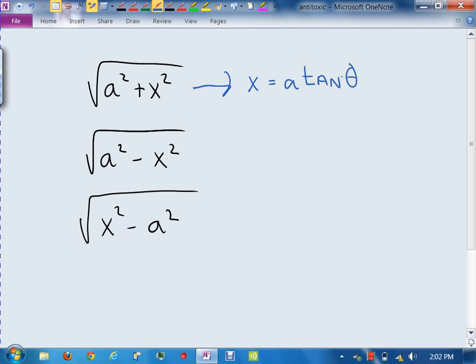If it was this one, we made the substitution x equals a sine theta. And on this one, which I haven't shown you an example of, it's going to be cosine. Remember, what page did I tell you? 322, right? They have them in a different order than I presented them to you. This one you would think is the cosine. It's secant, a secant theta.